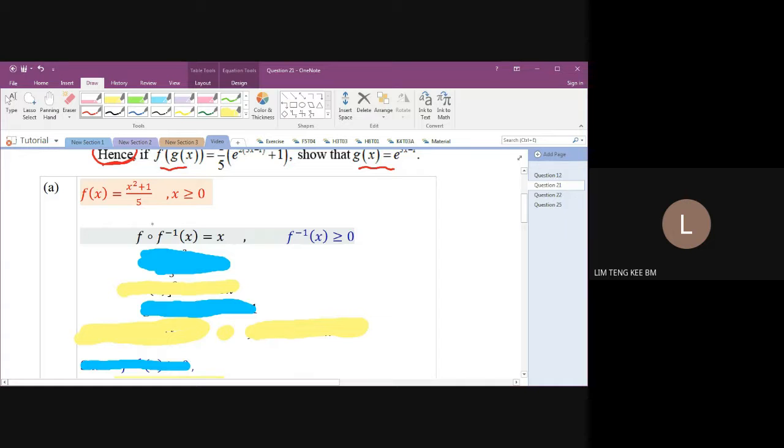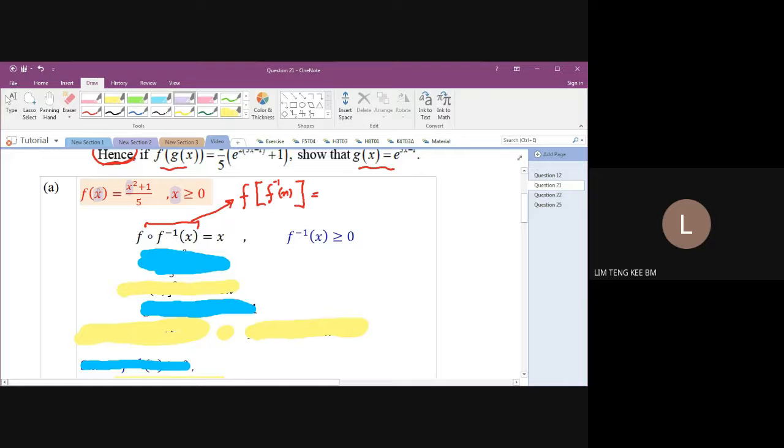First of all, what we know about the idea of composite is that it is as if I have function f and I want to substitute f inverse in it. So in other words, the part that I highlighted with x is the part that I'm going to erase and substitute with f inverse. So do the conditions.